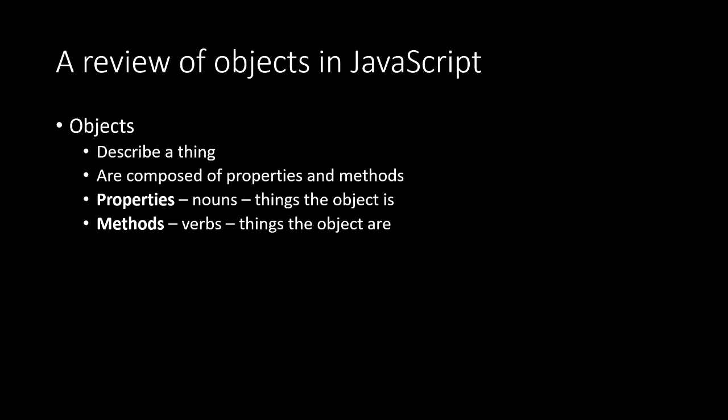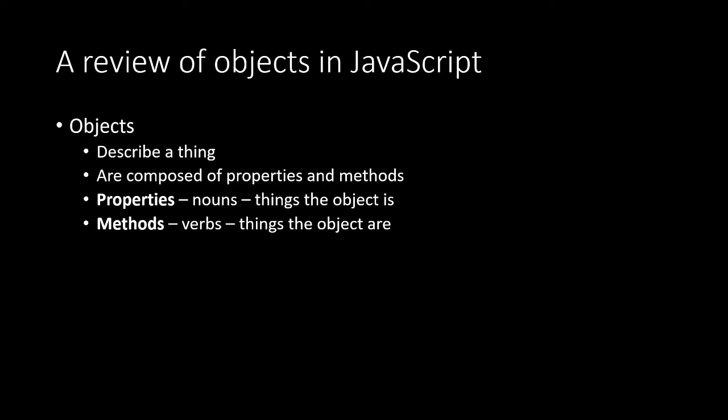And the way that we describe that thing is by breaking it down into its properties or its nouns, the things that make it up, or you might say the adjectives. But the things that make it up, right?